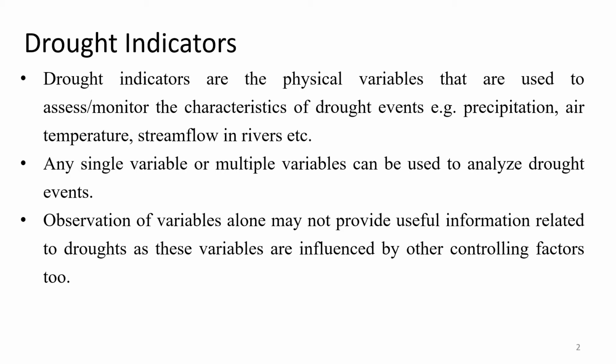But analysis of only these variables may not provide useful information about drought. That is, if we observe all these variables and just analyze the data as it is, it may not provide enough information about drought events. Say, for example, one agency is continuously collecting information about rainfall and soil moisture, and they are interested in monitoring drought events.